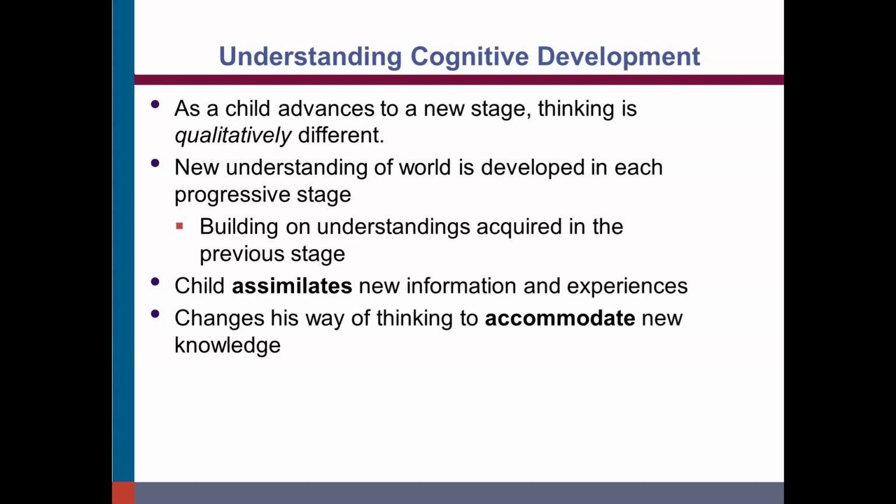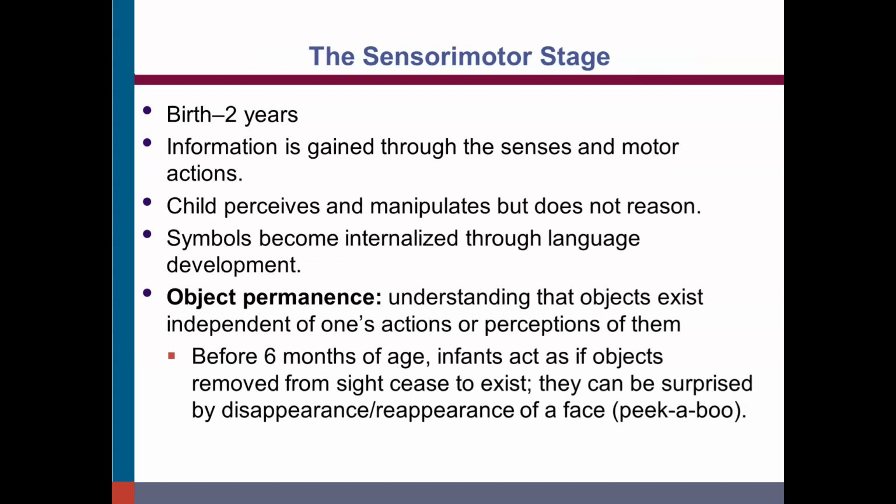Through that social interactive process, they're accommodating new knowledge, which results in the development of their cortex. We're going to take a look at each of these stages according to Piaget, very briefly.